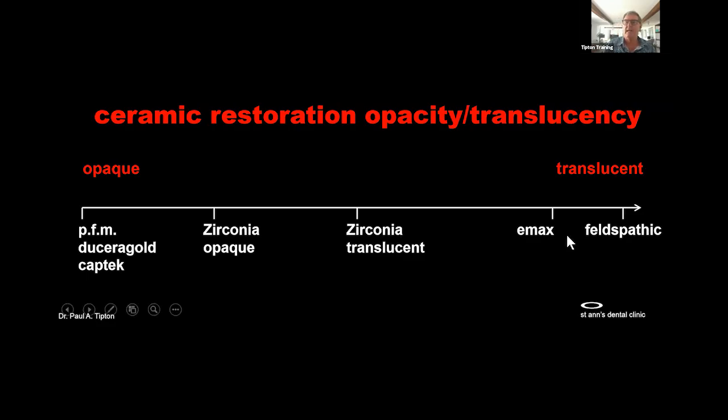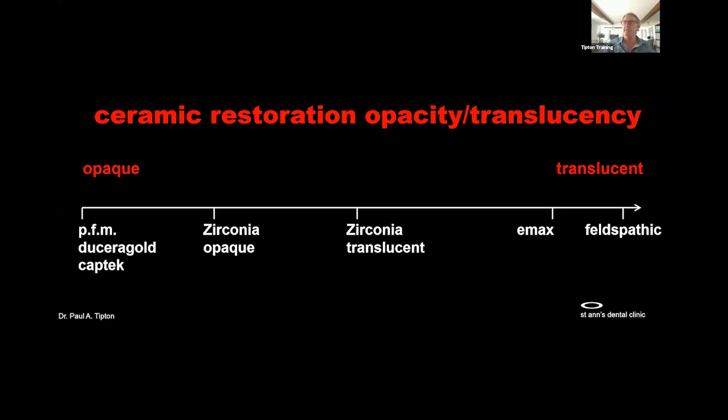And we'll see here that feldspathic is the best translucent, followed by Emax, very close. And then we've got zirconia translucent, zirconia opaque, PFM, Captek. So as we go from translucent all the way to opaque, aesthetics gets worse, but also we gain strength. So you have to choose.